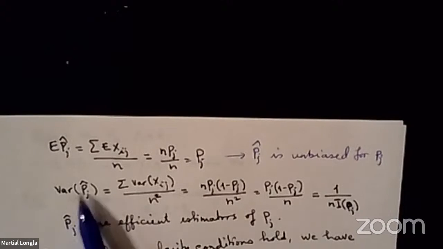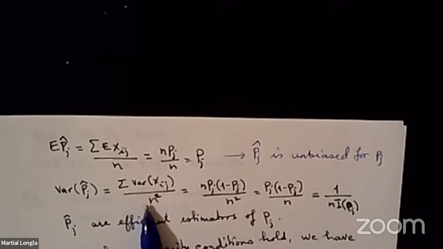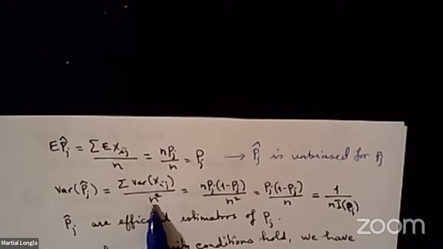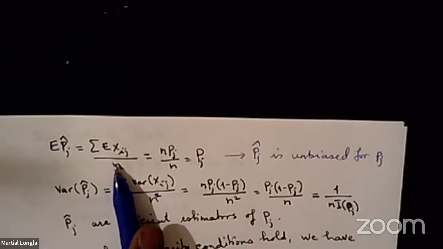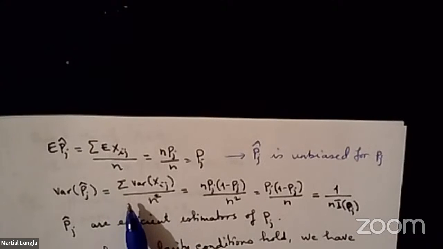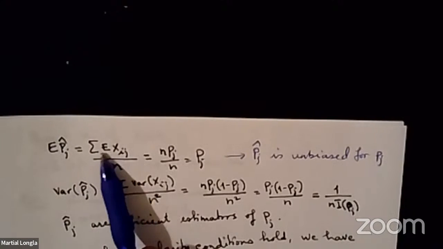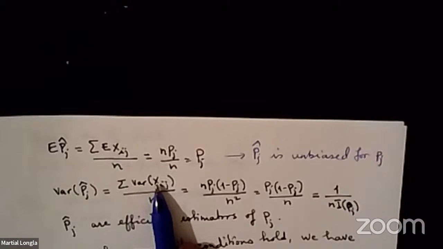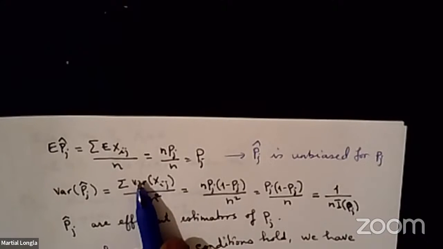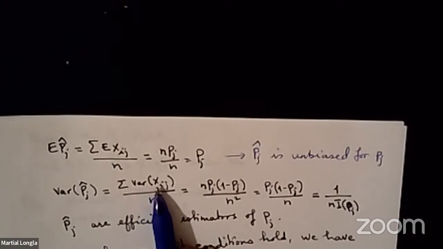Then we compute the variance. The variance of pj hat is the sum of variances divided by n squared, because you have 1 over n, and when you compute the variance, that 1 over n becomes 1 over n squared. And the variance of the sum becomes the sum of variances because the variables are independent. And the variance of each of them is pj times 1 minus pj, because that's a Bernoulli random variable.